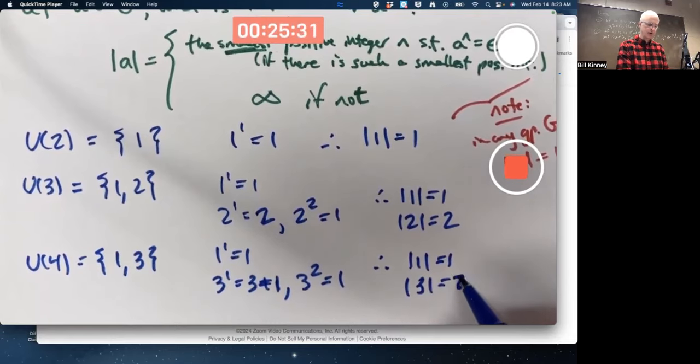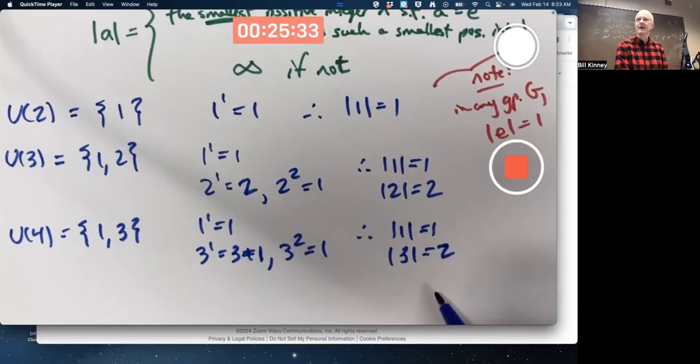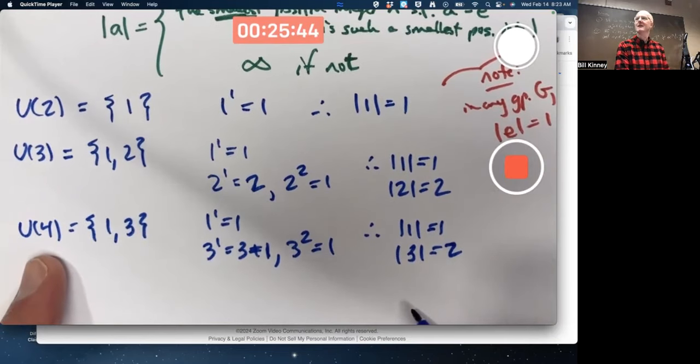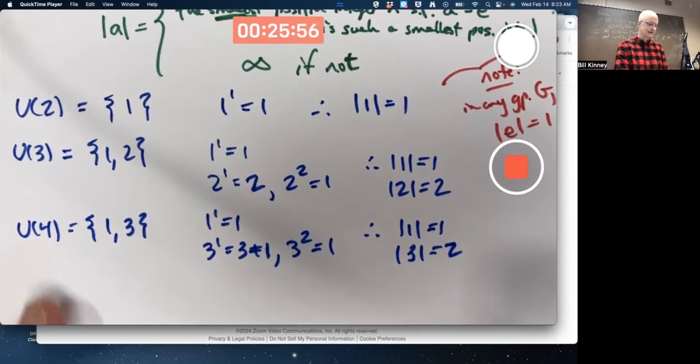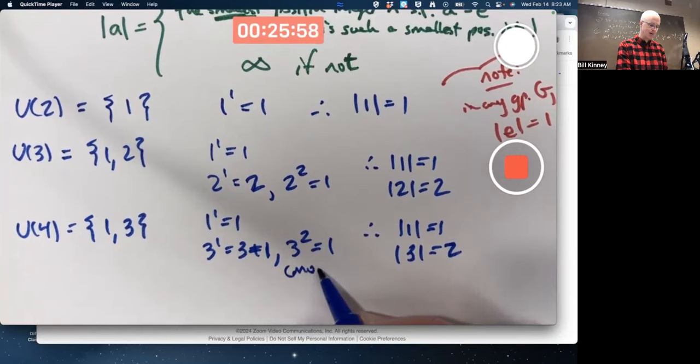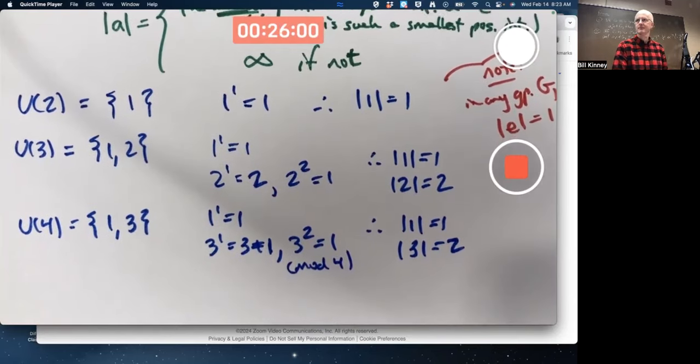We get our first weird-looking equation. That's not the absolute value of 3 equals 2. Don't go teaching this to pre-calculus students. That's the order of 3 as a group element in U4 is 2. We were doing mod 4 arithmetic. 3 squared is 9. 9 mod 4 is 1. Write mod 4 to yourself if it helps.